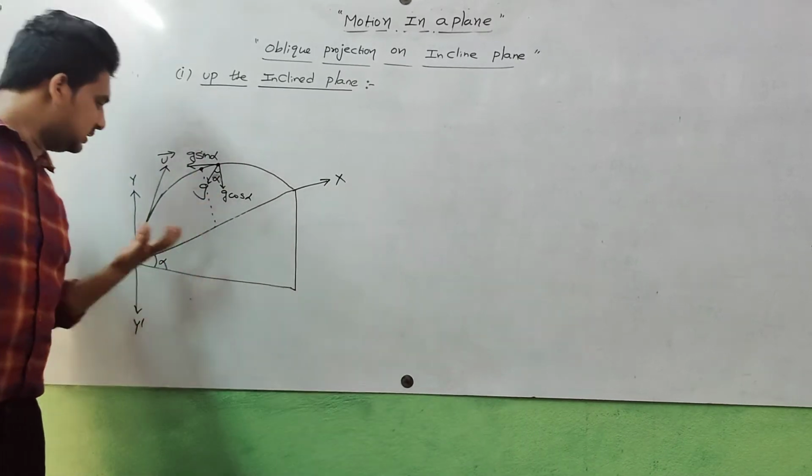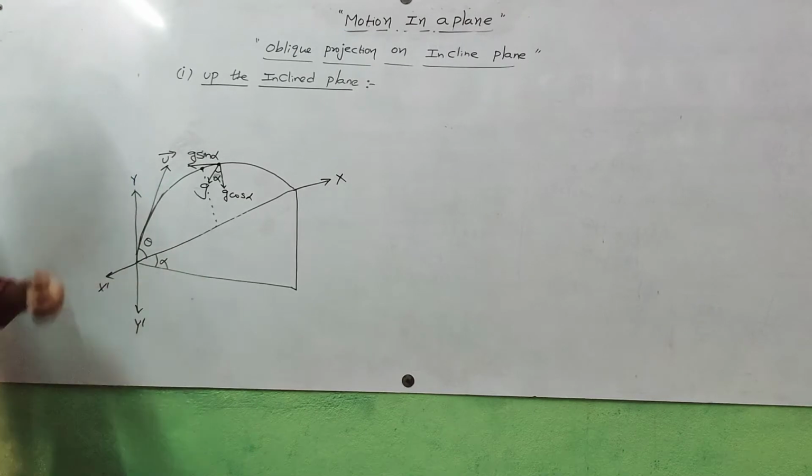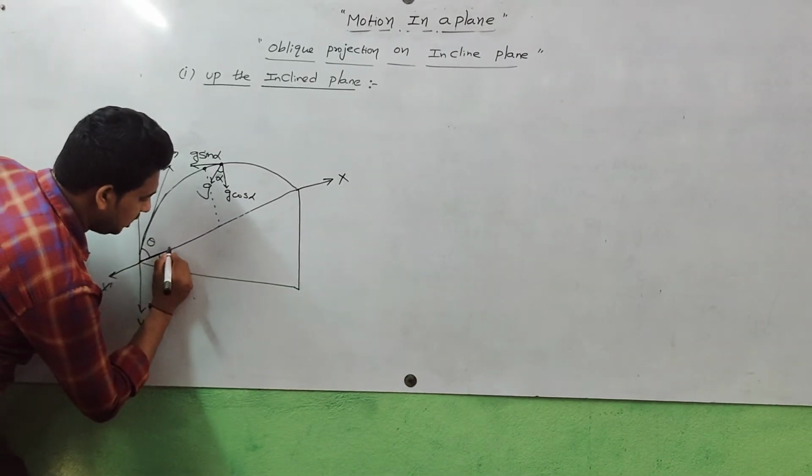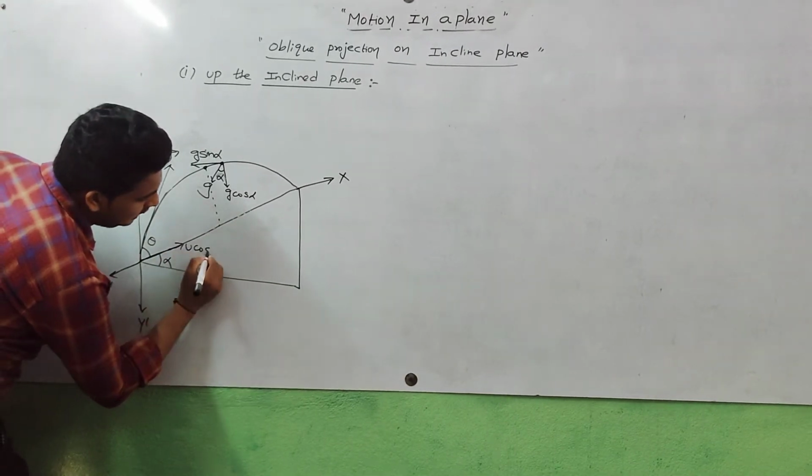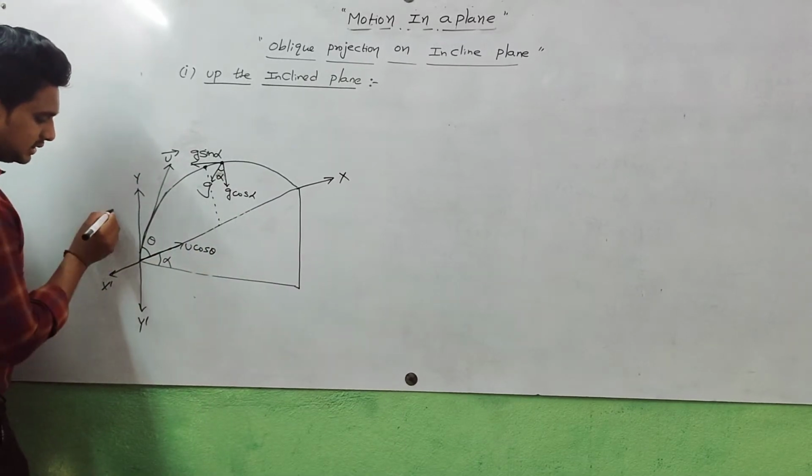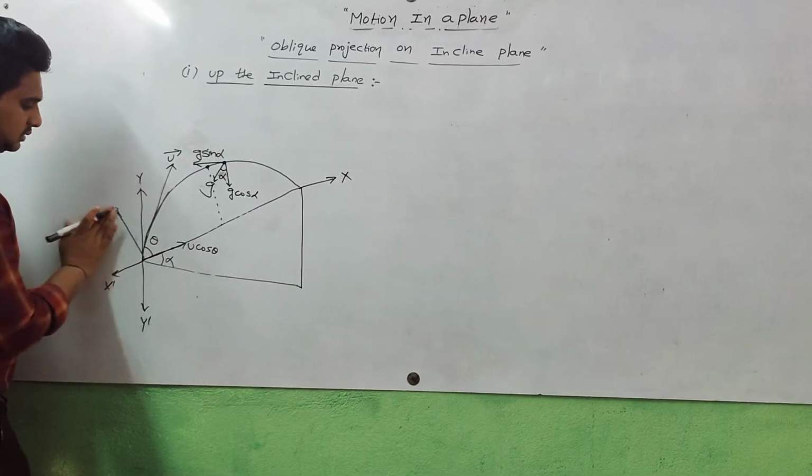Now the initial velocity splits into two components. This is the initial velocity component u cos theta, and here it is u sin theta.